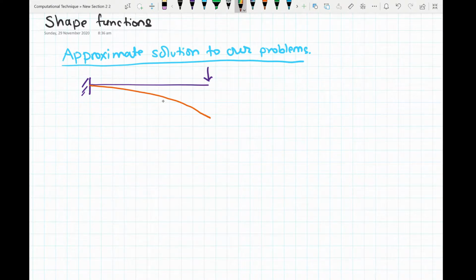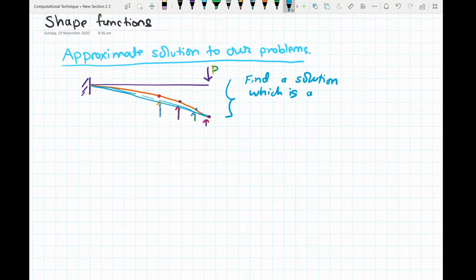Now, while solving this, we may not require to find the exact location of these deflected points under load P. We may be satisfied with a solution which may look something like this or something like this. Therefore, we have to find a solution which is accurate enough to design something.